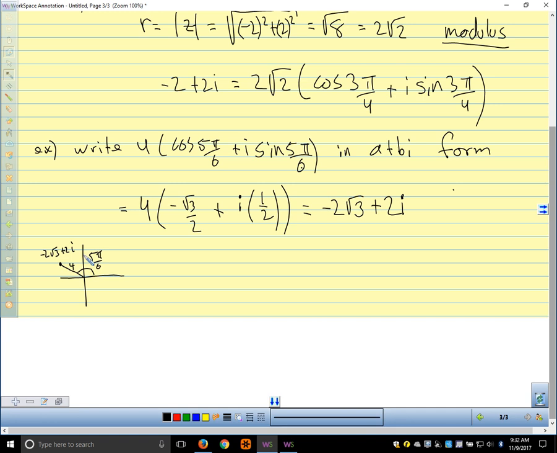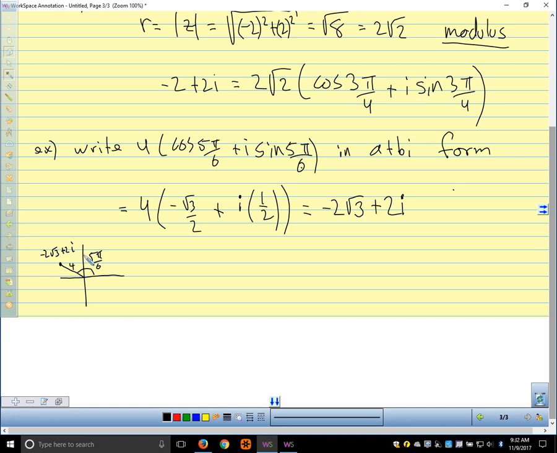So graphically, that's what that's telling us. All right, so this is all nice, similar to vectors, similar to right triangle trigonometry. Why do this? Well, one, because it's fun.